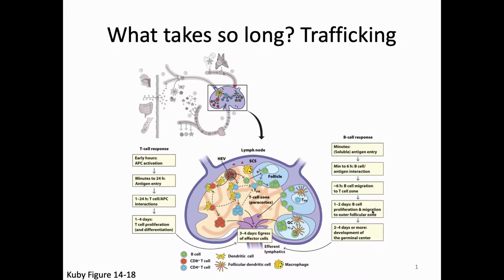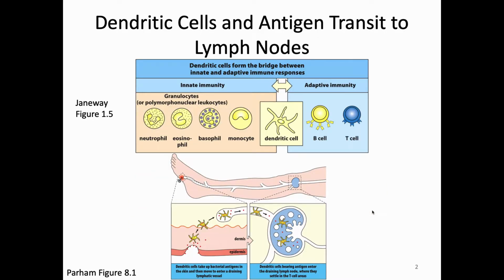So the first thing that we need if we're going to be having a T cell response is that we need our antigen and an antigen presenting cell present in the secondary lymphoid organ. We talked a bit last time about how free antigen can move through the lymphatics and transit into the lymph node.